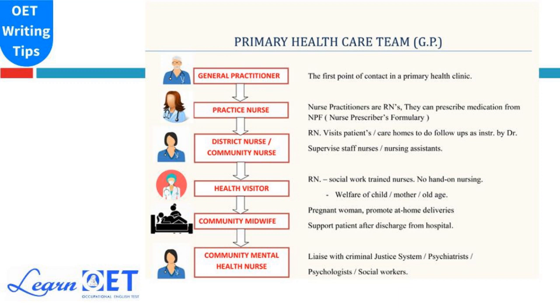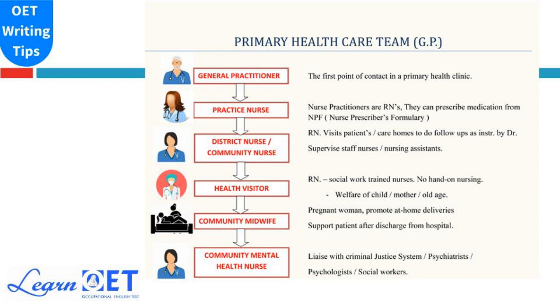So, so far we were discussing the primary healthcare team, where you will have a surgery which is called a GP, or a medical center, or you can call it a clinic, where the general practitioner doctors are working. Within a GP, there will be 6 or 10 doctors who are all GPs.